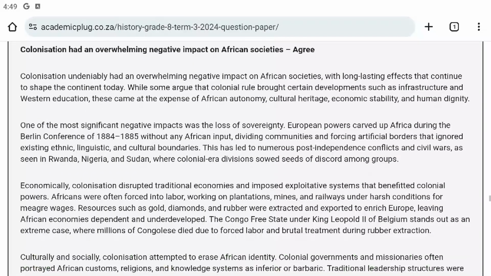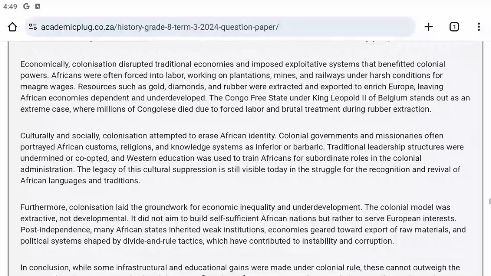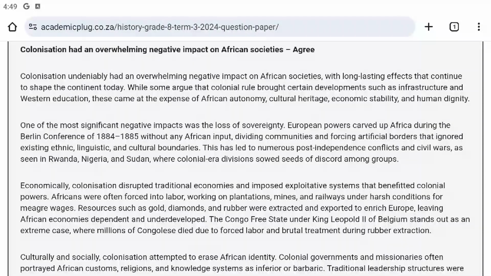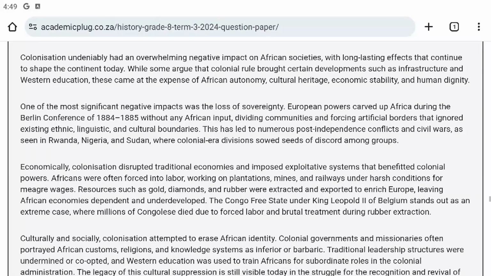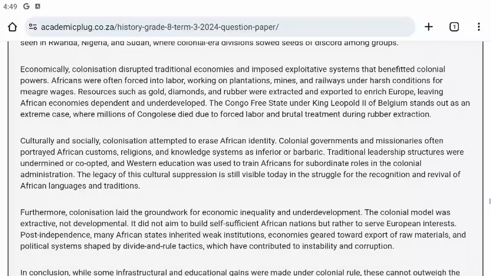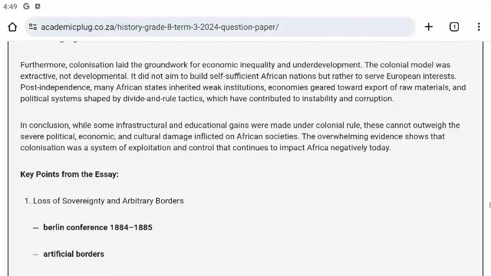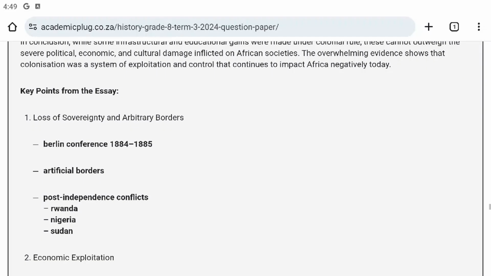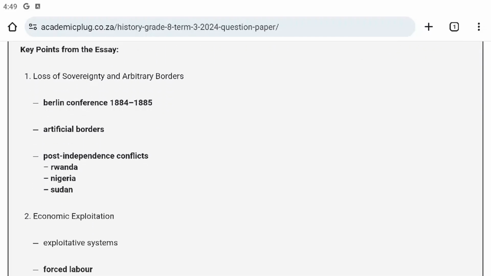So you may not necessarily cram this exactly the way it is, which is the point that I was making earlier, right? But your teacher, whoever is marking your essay, is looking for keywords. These are the keywords that you should include in your essay.